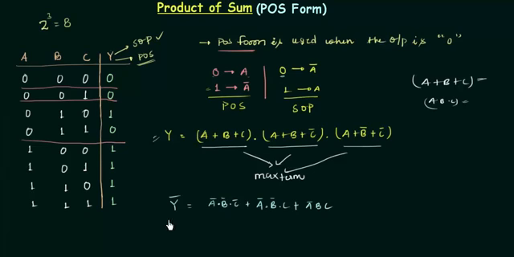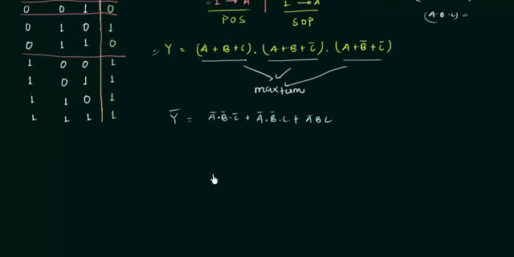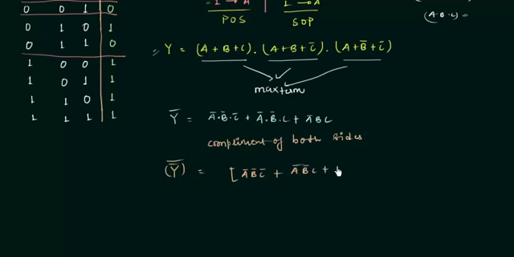Now I want the left hand side as the output Y, not Y complement. I want it as Y. So what I can do is take the complement of both sides, the right hand side and the left hand side. So taking the complement of both sides, let's see what we have. Y complement, and then again its complement, we have A complement B complement C complement, or A complement B complement C, or A complement B C, and I will take the complement of the whole right hand side.